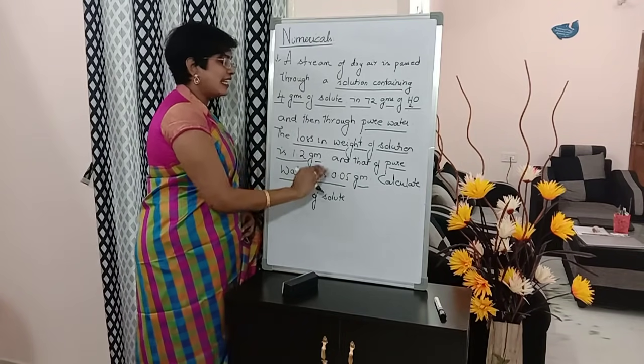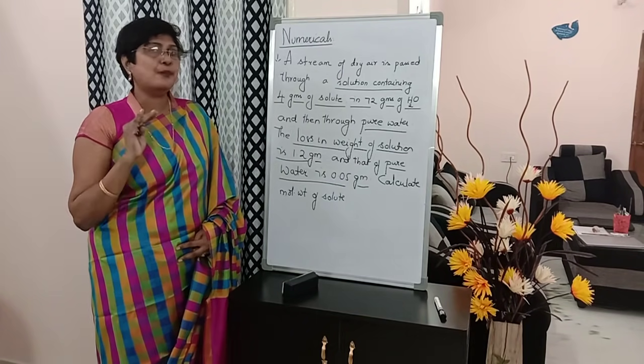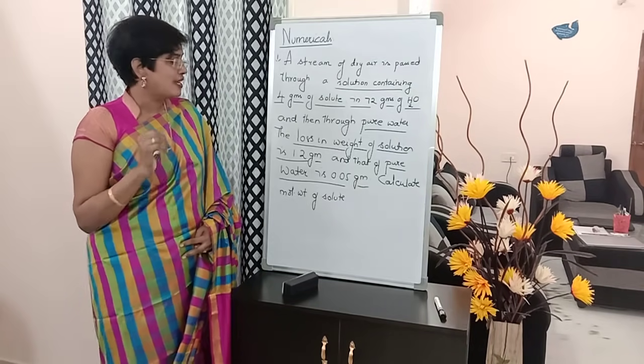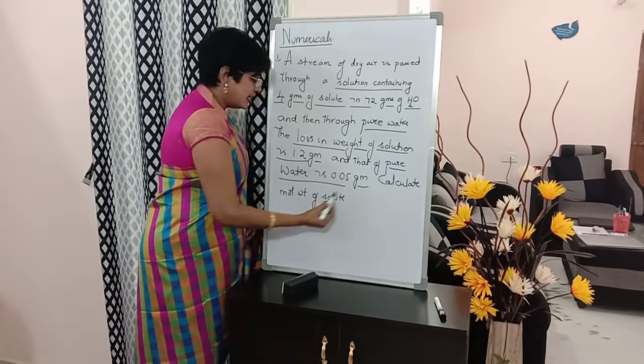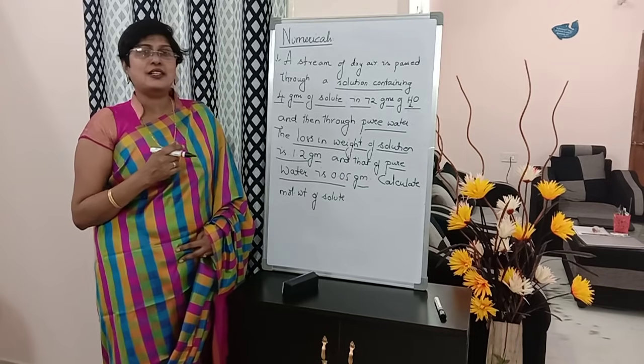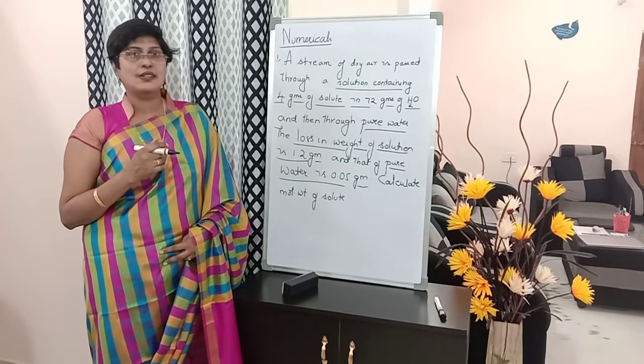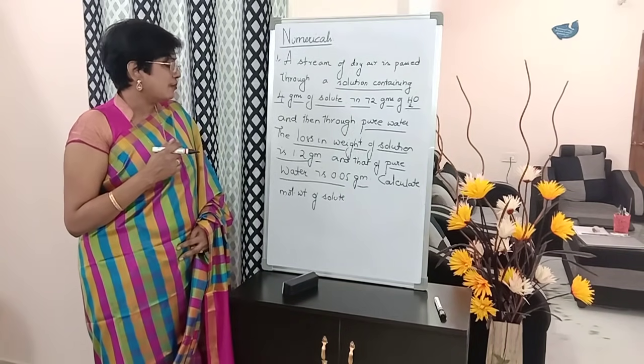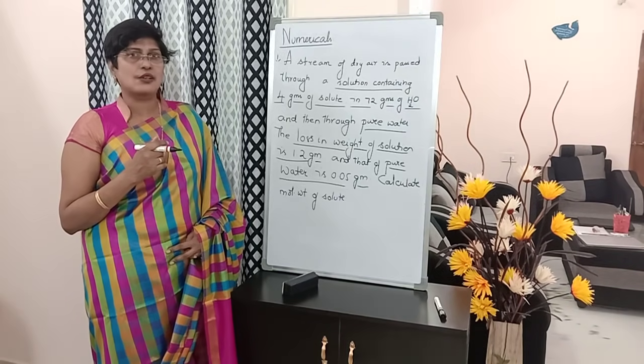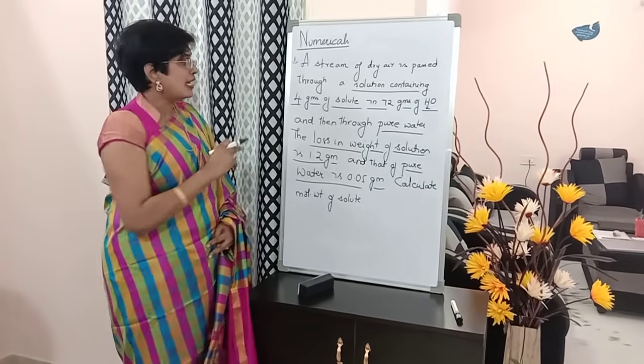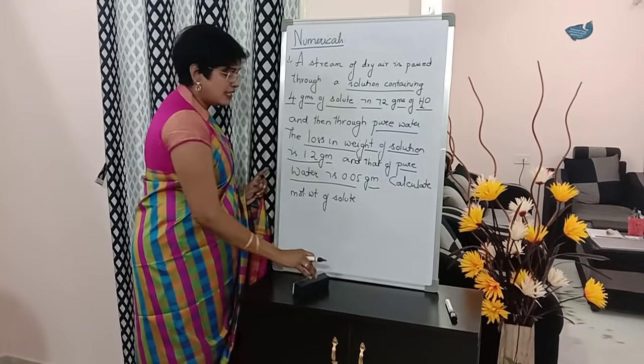So this is the data given to us in the problem. Now what is to be calculated? The molecular weight of a solute. Fine. Now I am erasing this problem, students. We will do the solution.